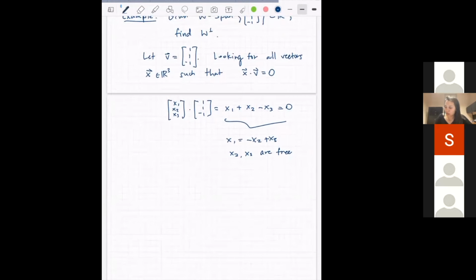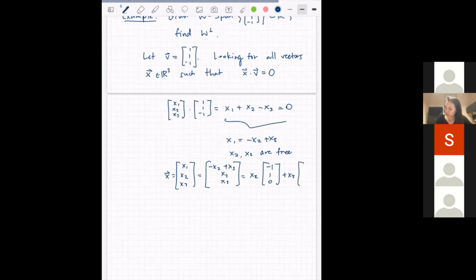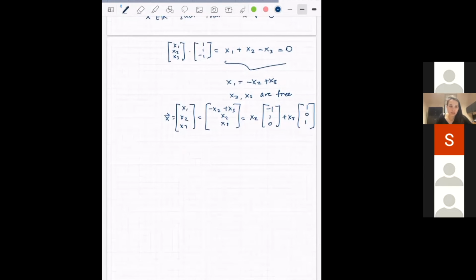And so a vector x that is in W perp will have the form (x1, x2, x3), where x1 is equal to negative x2 plus x3. And so we can split it: we get (-1, 1, 0) and (1, 0, 1). And so we can just write down W perp as the span of those two vectors.